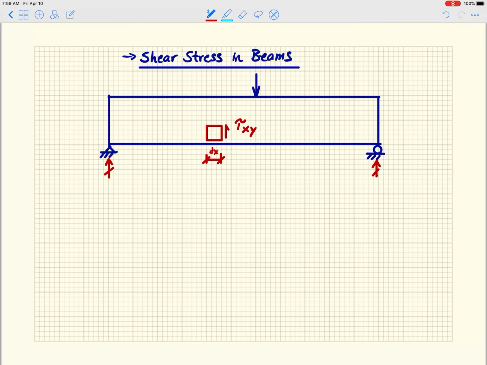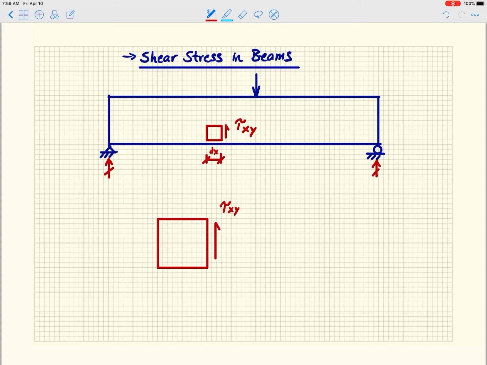And if we're going to zoom in to what that cube actually looks like, let me do that here. Sorry about that. Let me draw that again. There we go. So that shear stress is here, right? And we call that tau xy.